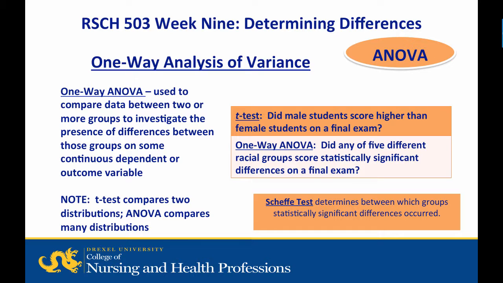A one-way analysis of variance will generate a significance value indicating whether there are statistically significant differences within the comparisons being made. This significance value does not indicate where the difference is or what the differences are, but a Scheffé test can identify which groups differ significantly from each other.